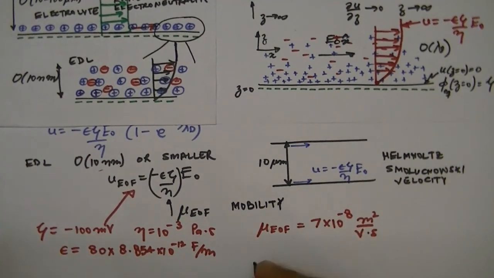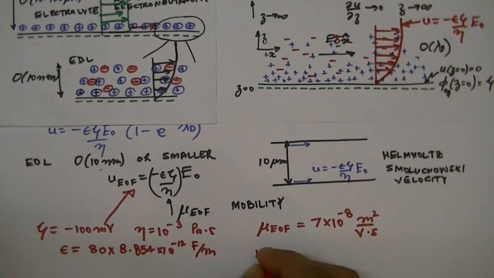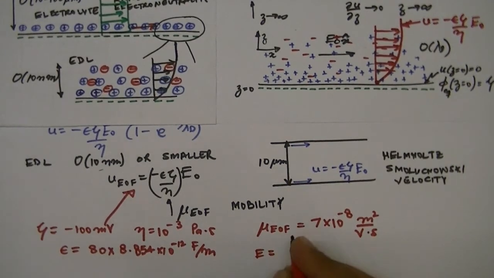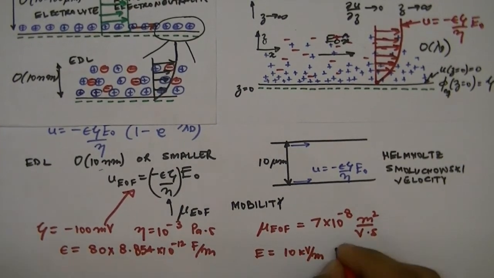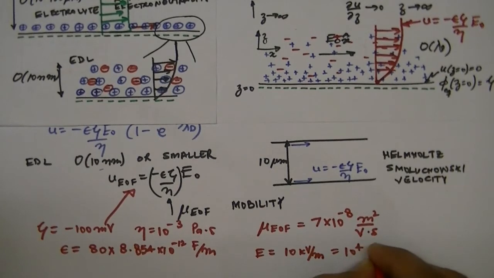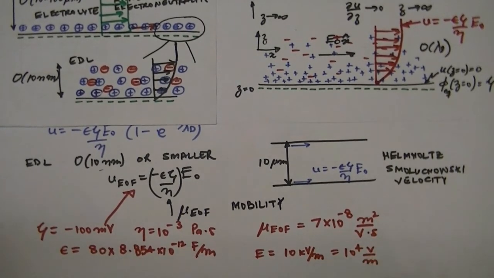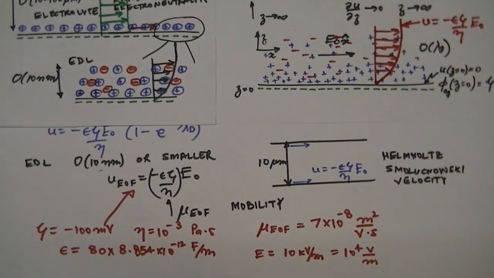So if you apply an electric field, and the typical electric field in microfluidic devices that you can apply is about 10 kilovolts per meter, that is 10 to the power 4 volts per meter.